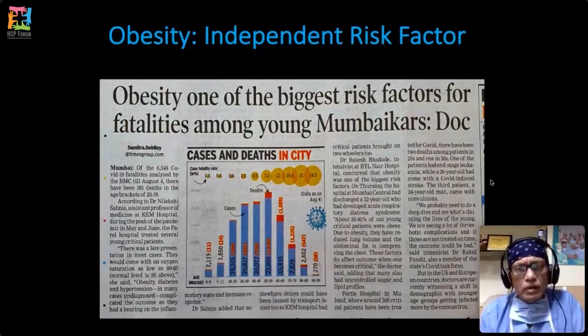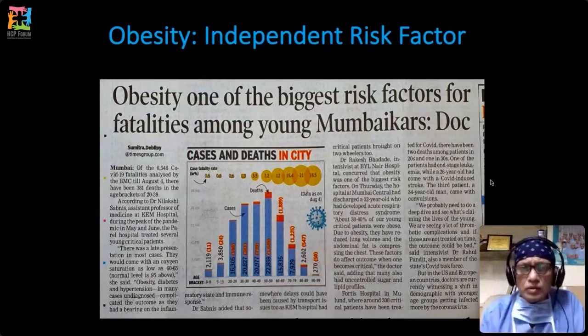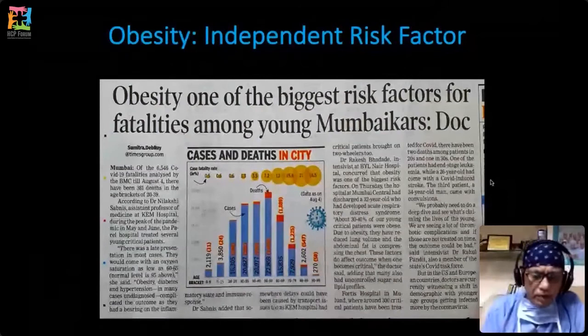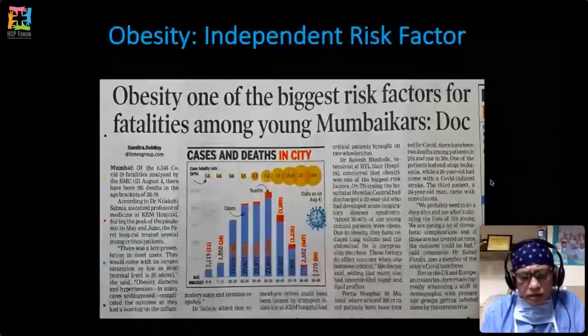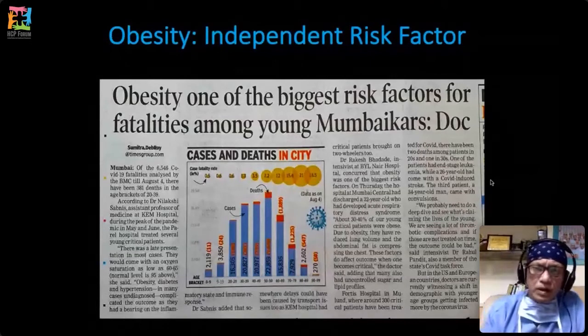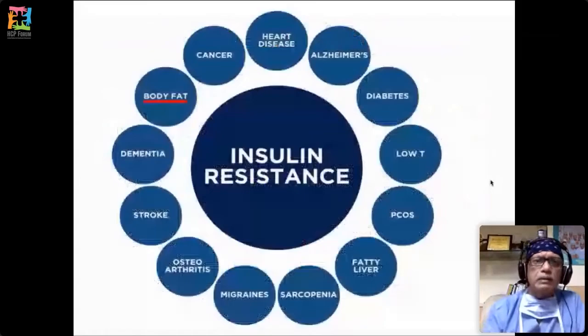Obese people are becoming the most affected, whether young or old, and the cytokine storm which hits them is very vicious. So I'm going to continue my attack on obesity and how to deal with it.